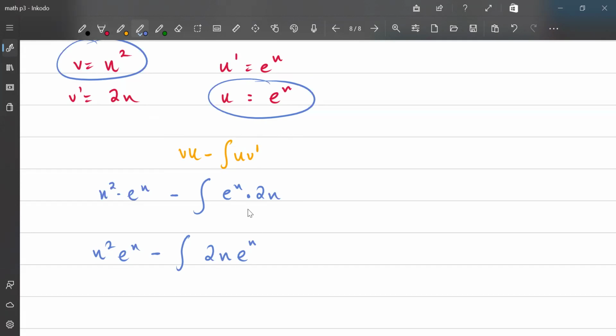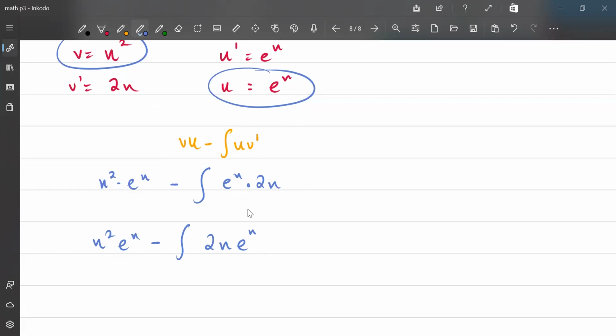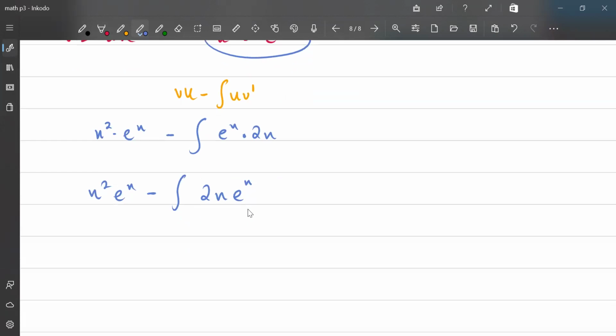Now notice that in order to integrate this, we again have to apply Lie, because these are two functions being multiplied with each other which have no common relationship with each other.